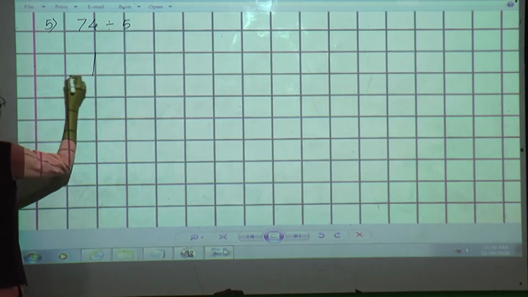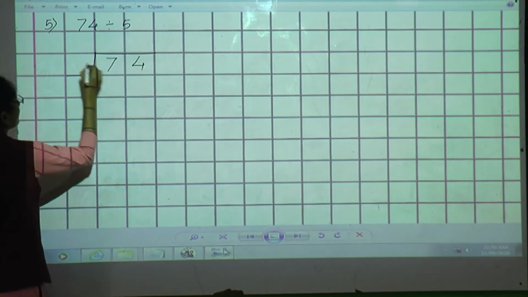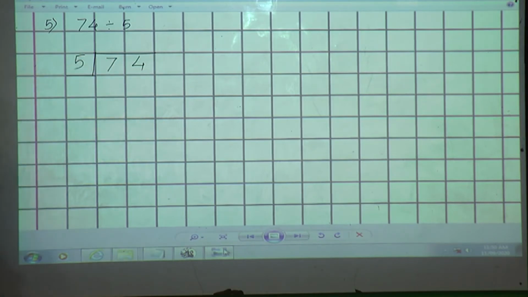Now look at the board here. First we'll arrange the numbers in this format. 74 divided by 5. Now 74, it is a 2-digit number. Okay. So we'll divide first tens.